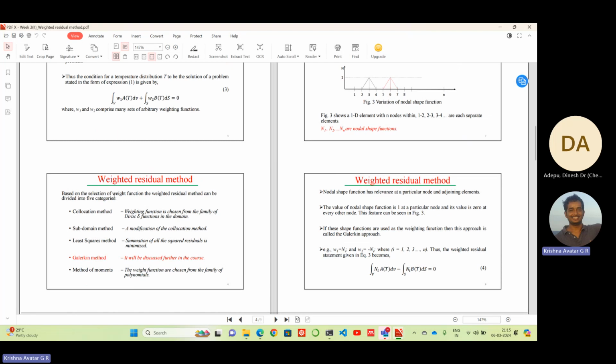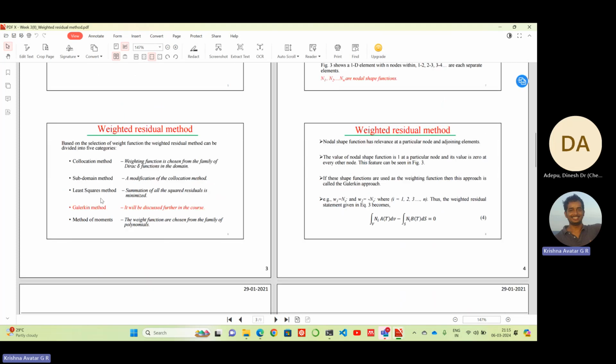Based on the selection of the weighting function, the weighted residual method can be divided into five categories. First, the collocation method, in which the weighting function is chosen from the family of Dirac delta functions in the domain. Then we have the subdomain method, which is a modification of the collocation method. Then the least squares method, where the summation of all the squared residuals is minimized. Then the widely used Galerkin method.